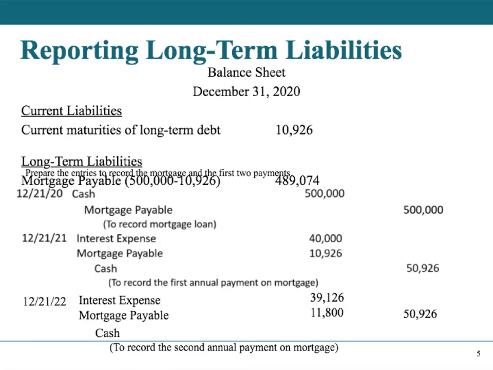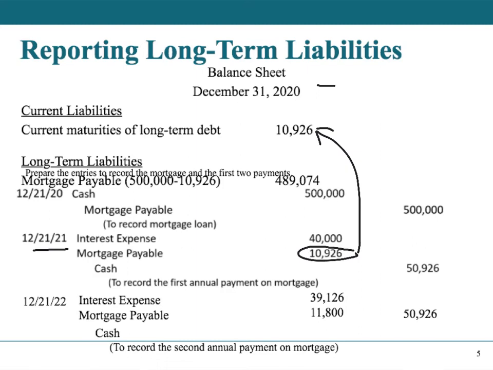I provided you with the journal entries, and I provided you with the balance sheet as of 2020. Looking at the journal entry for next year, we will be paying off $10,926. That's why it is presented as a current liability. How would you know how much is long-term?